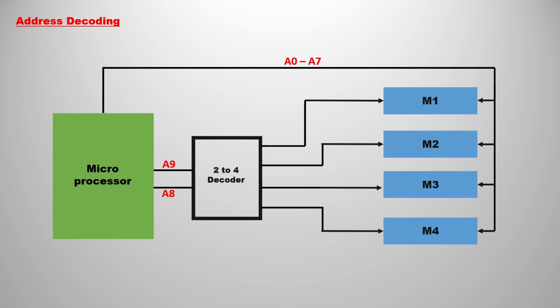For example, if A9 and A8 are 00, it will select M1. In the microprocessor we have A0 to A7, which gives 256 locations. According to the A0 to A7 inputs, in that M1 block we have 256 locations and it will select one. It is very simple: with the help of decoders we can select one of the locations that we want. That is address decoding.